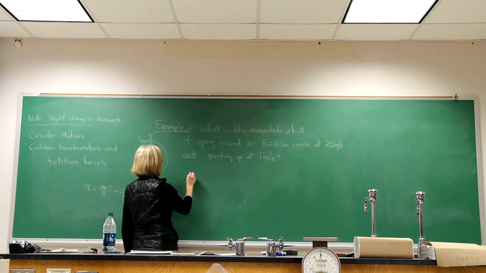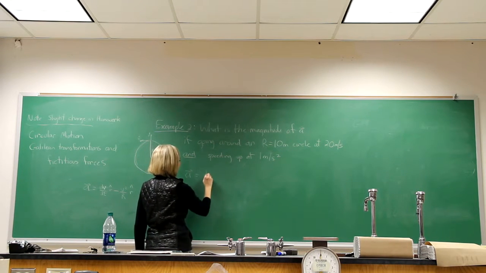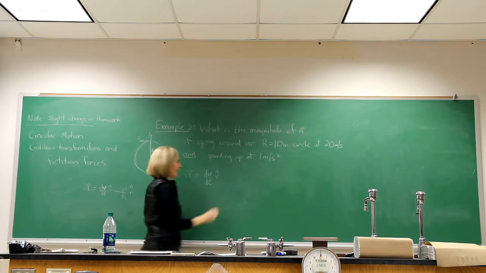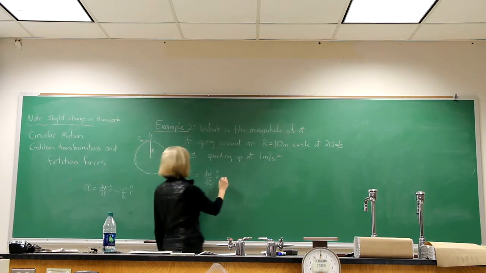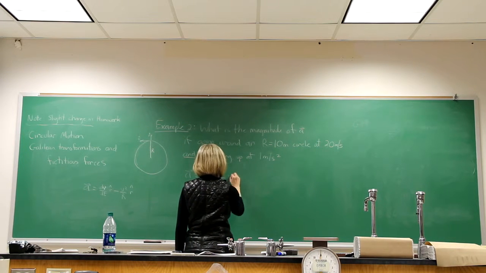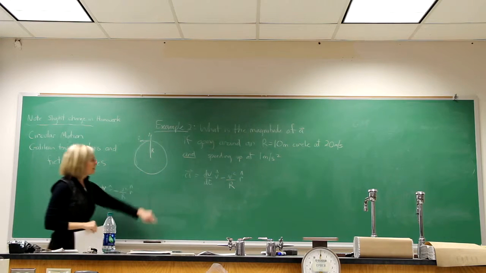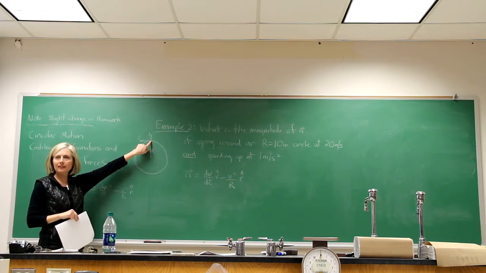So remember the equation overall is this. dv/dt in the v hat direction minus v squared over r in the r hat direction. v hat and r hat directions are perpendicular to each other.